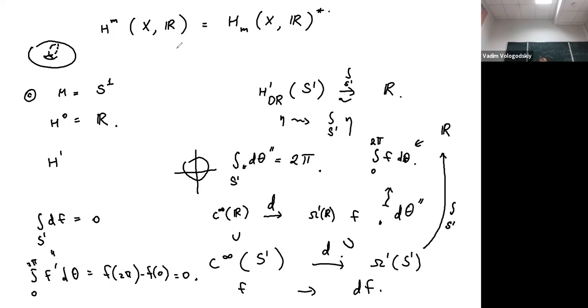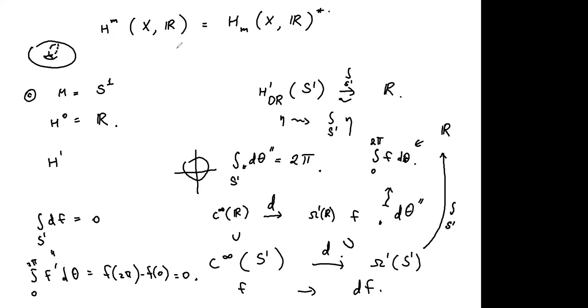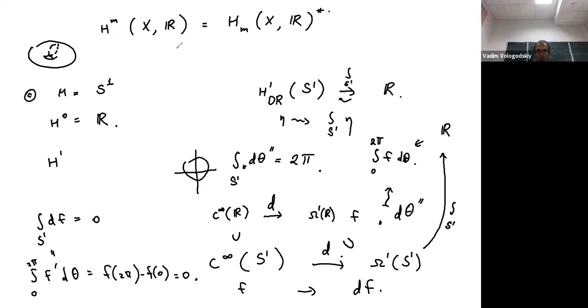Okay, if not, let's stop here. Poincaré pairing, yes? Yes, that's the Poincaré pairing, right. So what we have here is an example of the Poincaré pairing. You see, it's given by integration of forms along a closed path, by S1.